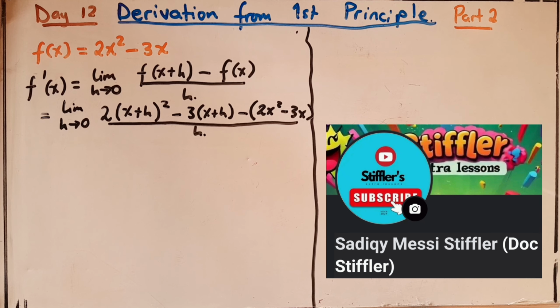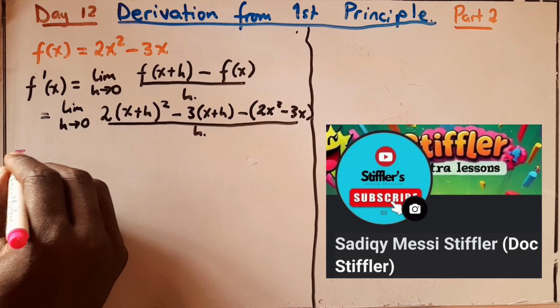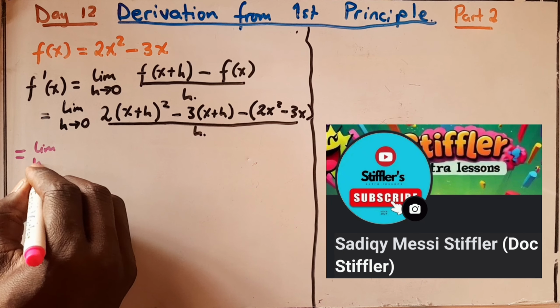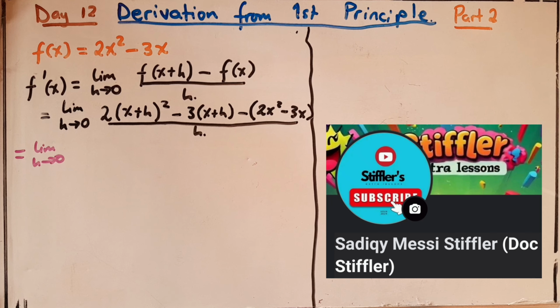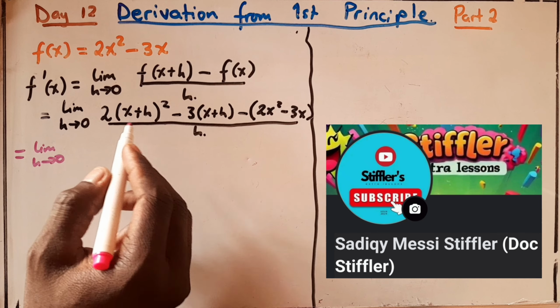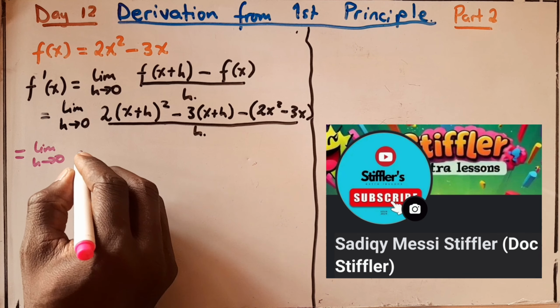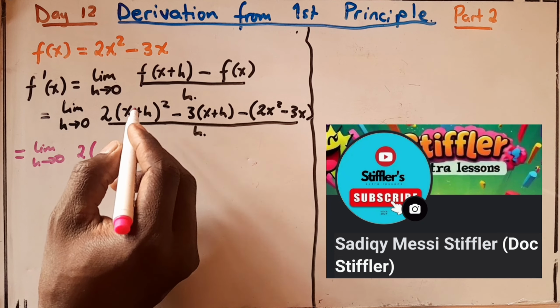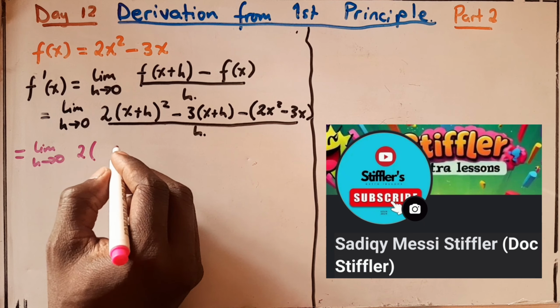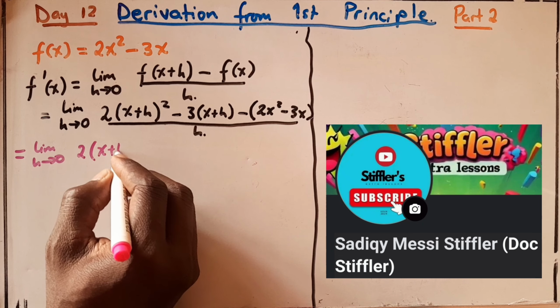So let's see now. After this, it means that we can proceed. So again, this is the limit when h tends to 0. So it means that now we are going to expand this. So this is 2. We said these are 2 brackets, so let's just put 2 brackets.